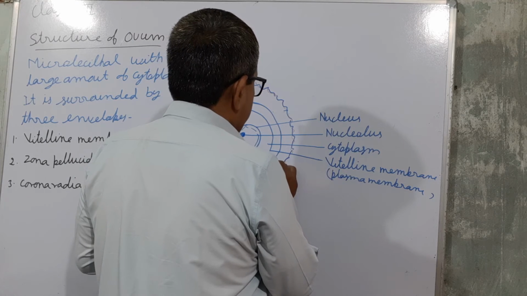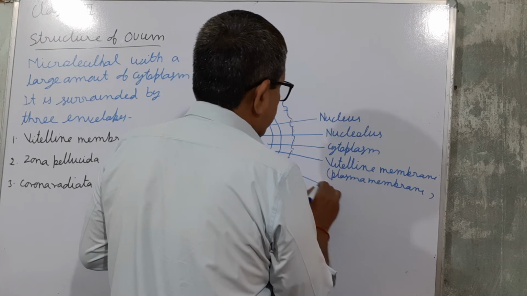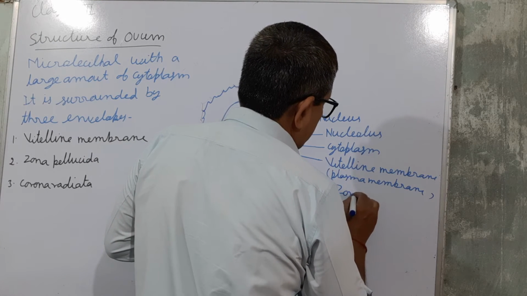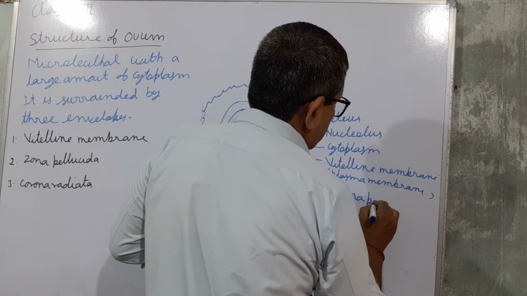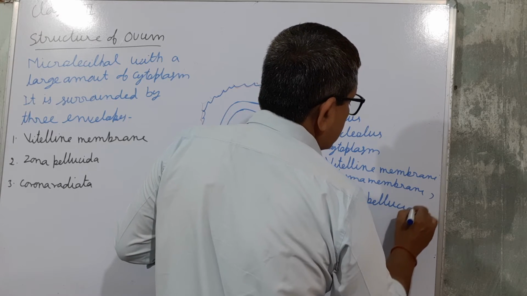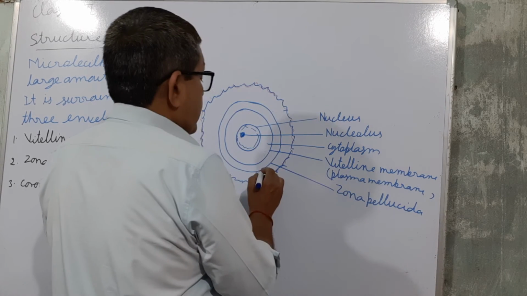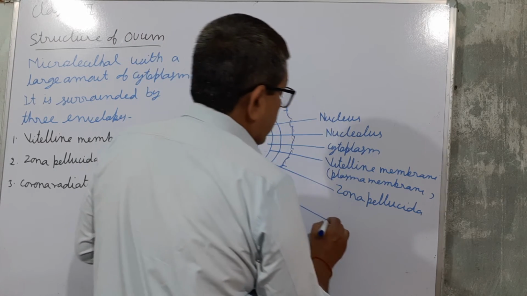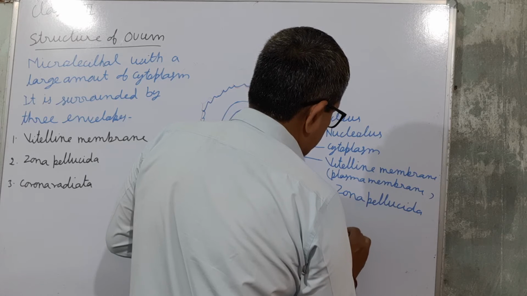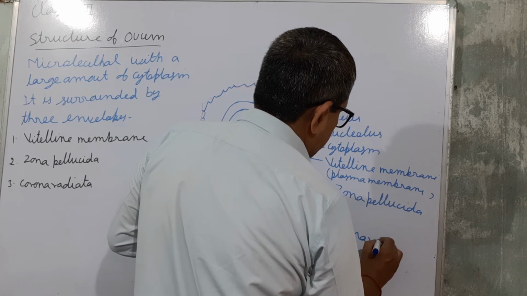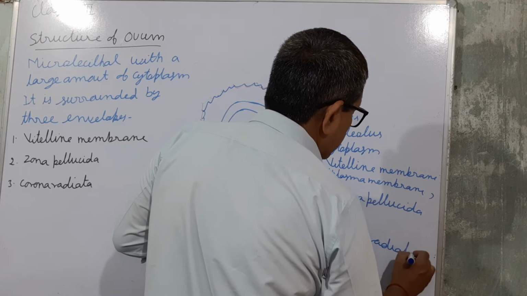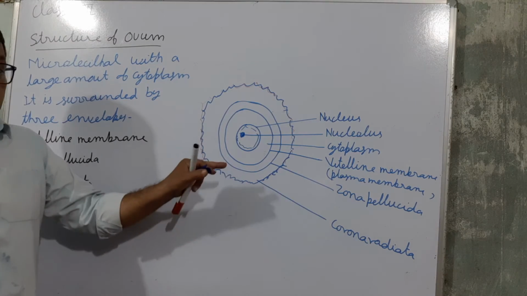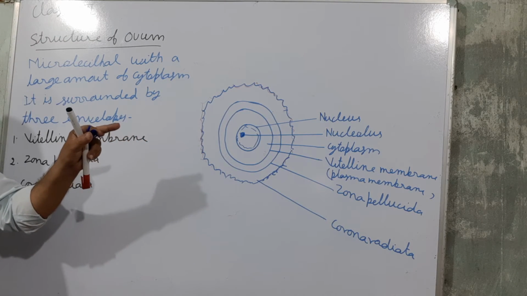Now the next one is the zona pellucida, and this is the corona radiata.